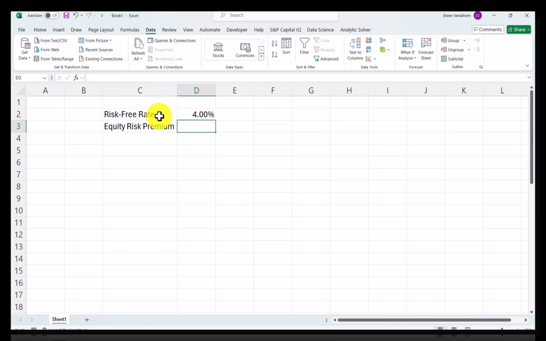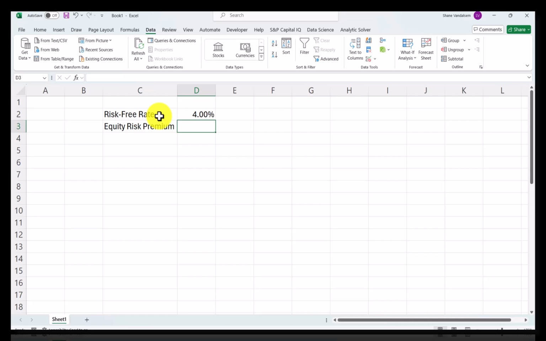There are people out there that calculate this on a monthly basis. So for example, Aswath Damodaran with New York University publishes different equity risk premiums every month. We can also calculate this looking at long-term returns on the market and subtracting from that the average risk-free rate over the time period.